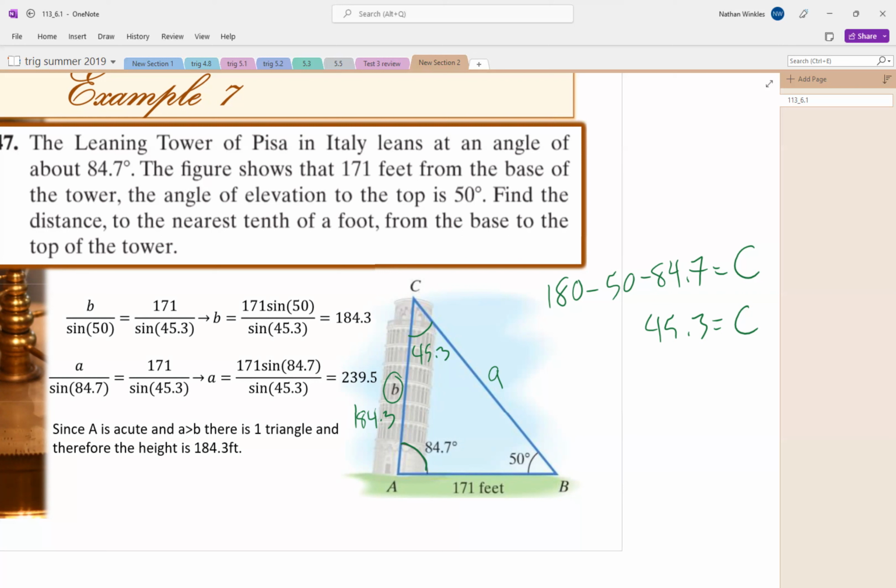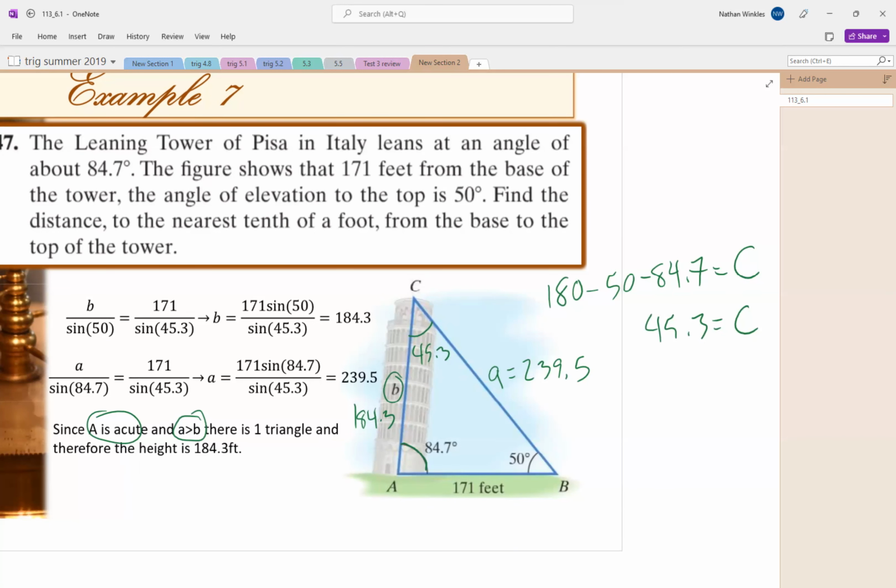A over sine of 84.7 is equal to 171 over sine 45.3. So A equals 171 sine 84.7 over sine of 45.3, which is equal to 239.5.